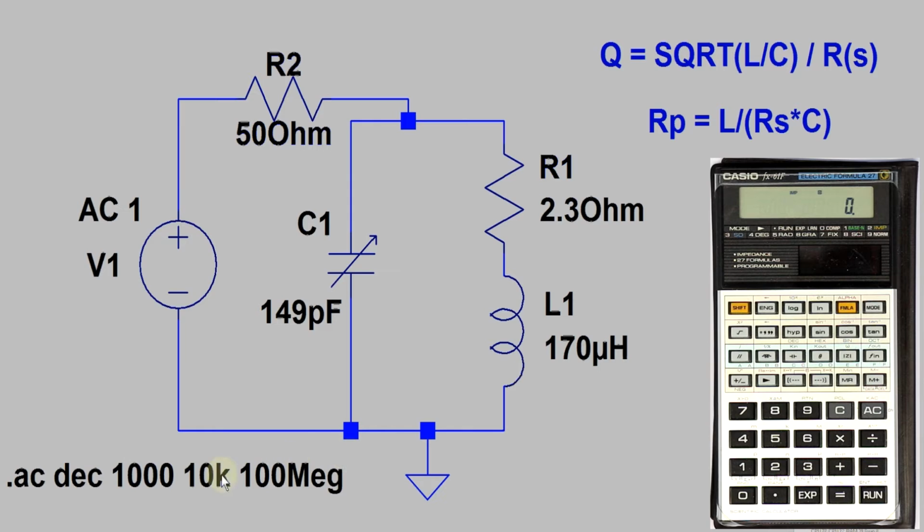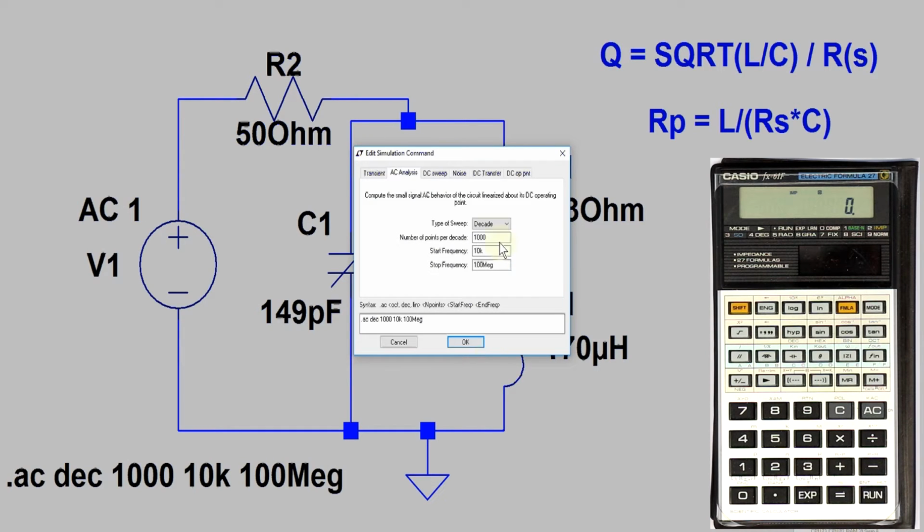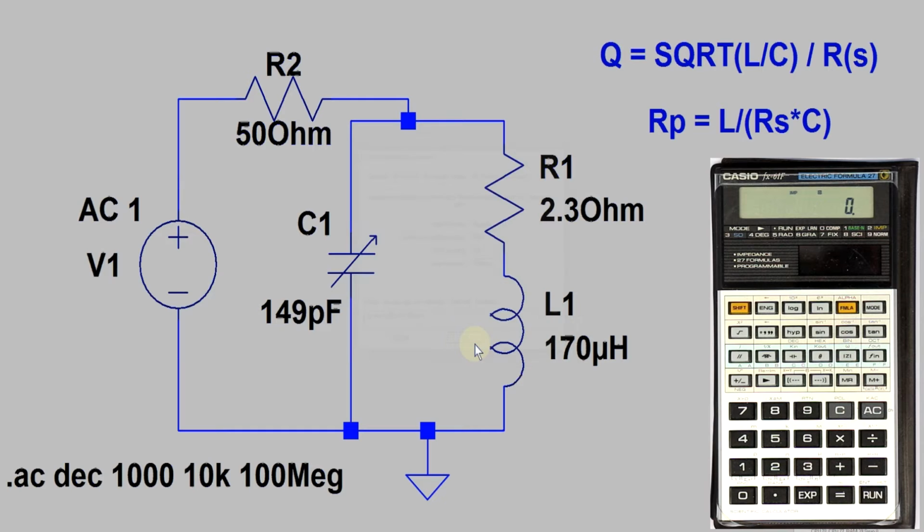So now we make a frequency sweep, and just to be 100% sure, we make a logarithmic sweep, which is called decade sweep in LT-Spice, from 10 kilohertz to 100 megahertz, just to see if the resonant frequency is really at 1 megahertz. And what we expect is a very sharp resonant point centered at 1 megahertz, and steeply dropping off to lower and higher frequencies.